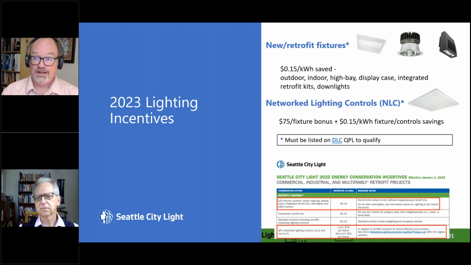They will actually provide you with $75 per light fixture that is network lighting controls, and an additional 15 cents per kilowatt hour for the savings associated with that. From my perspective, I don't understand why any project wouldn't do this, since that basically covers the cost of lighting controls for you. So go ahead and pop into that.